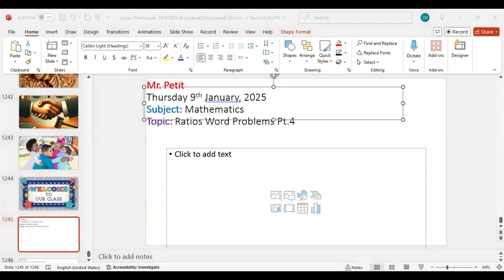When we have ratios, it's very important that we understand that order does matter. The order in which we organize the ratio actually does matter. Let's say, for example, we have a ratio of boys to girls, like 2 to 5. We know that the 2 represents the boys and the 5 represents the girls.